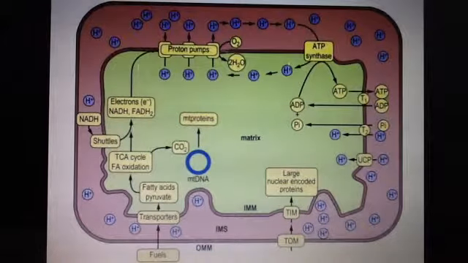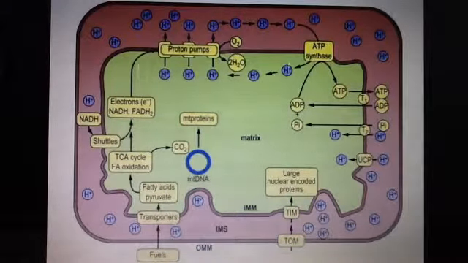So now let's turn our attention to the Tim and Tom complex down at the bottom. You can see it says large nuclear encoded proteins. What's happening here, for example, let's look at Tom. Tom stands for transporter of the outer membrane, and what this is doing is it is importing channel transmembrane proteins, and the Tim is the transporter to the inner membrane.